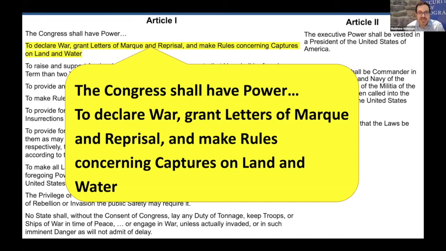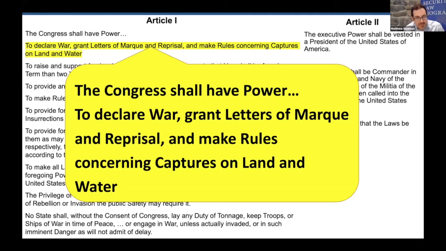In conflicts in that era, this was essentially state-licensed piracy. It was an important means of augmenting naval power in wartime. Naval power was really expensive, so this was a useful way of augmenting it.